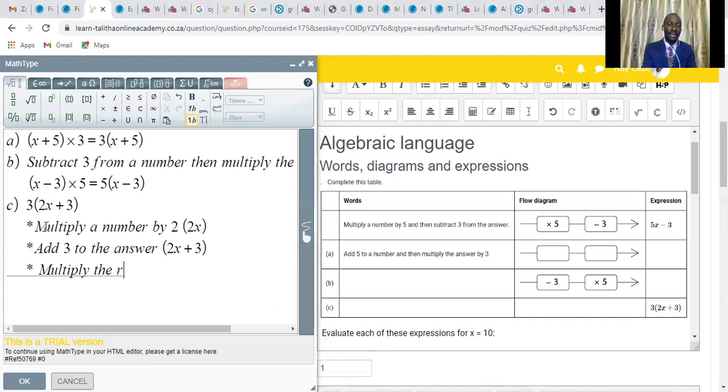If you do that, then you're going to have in total 3 times 2x plus 3. That is going to be your result. Now, notice that there are times when we are required to evaluate this.